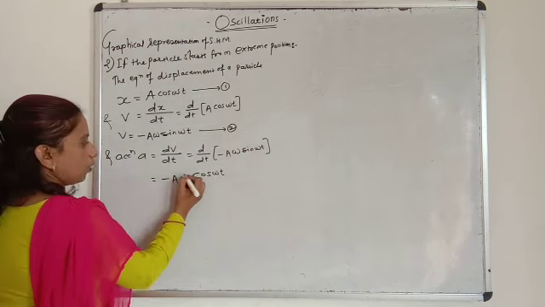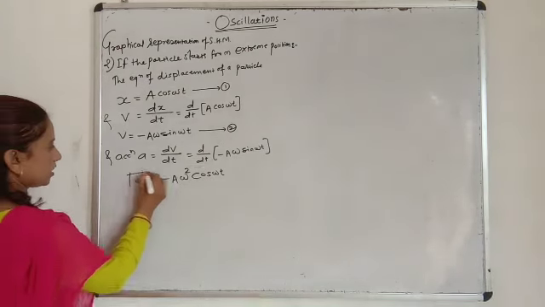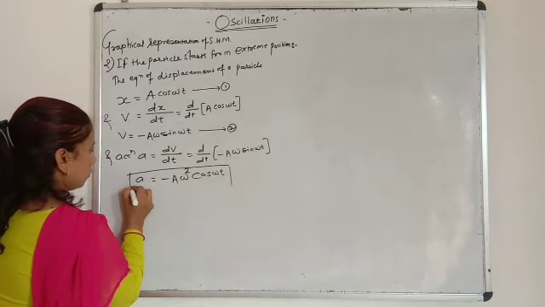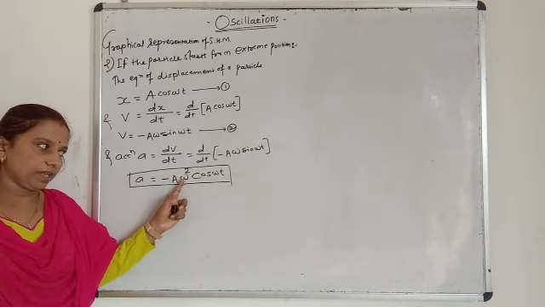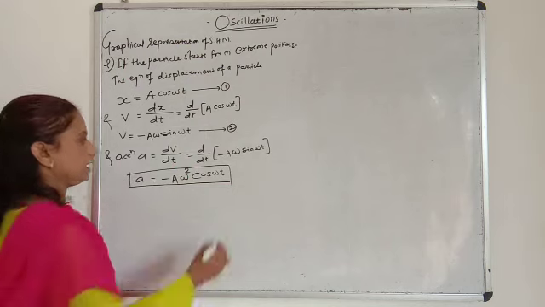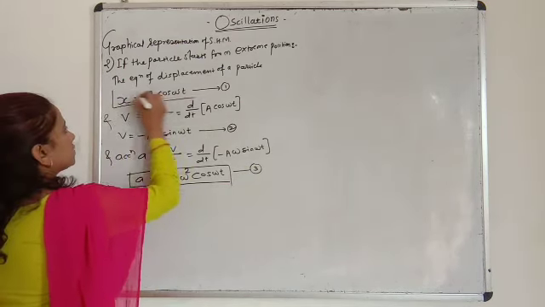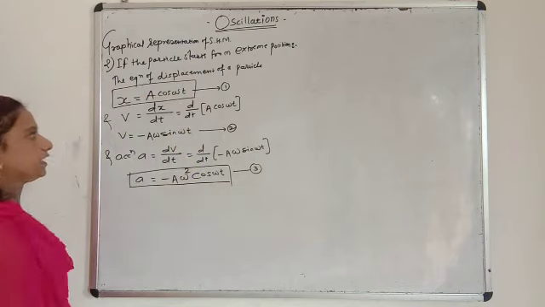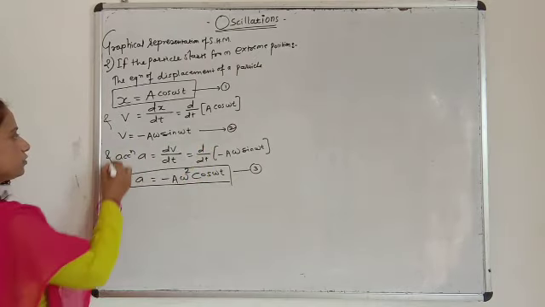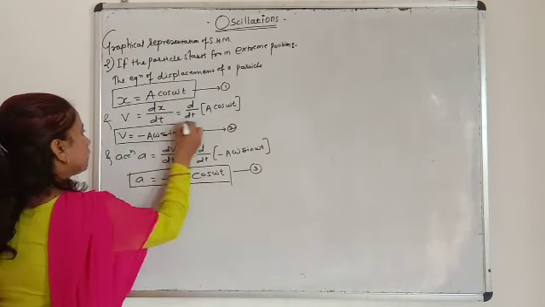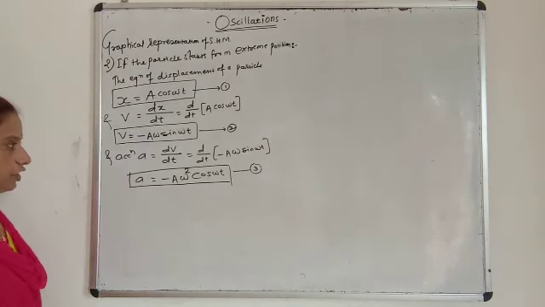So omega times omega is omega square, and the acceleration becomes small a equals minus a omega square cos omega t. This is equation 3. Equation 1 shows the displacement of a particle when it starts from the extreme position. Equation 2 represents the velocity of a particle, and equation 3 represents the acceleration.